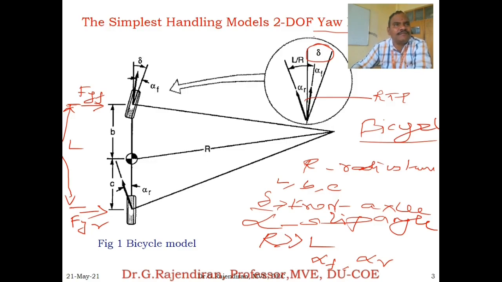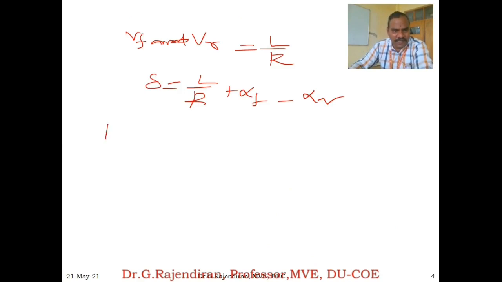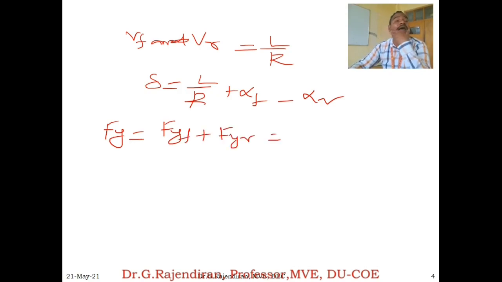When the vehicle is taking a turn like this, the lateral force will be acting in this direction. So this lateral force is opposed by centripetal acceleration. This lateral force Fy is a summation of the lateral force at the front, Fyf, plus Fyr.